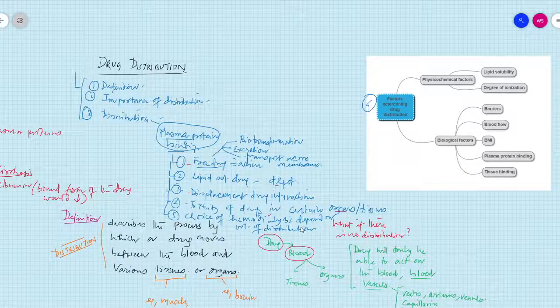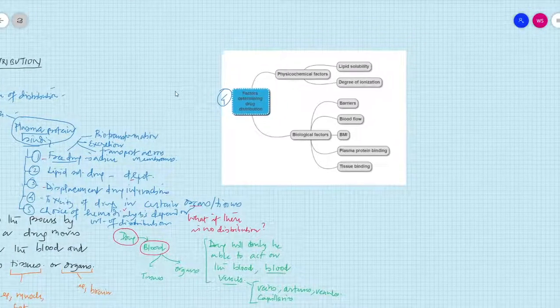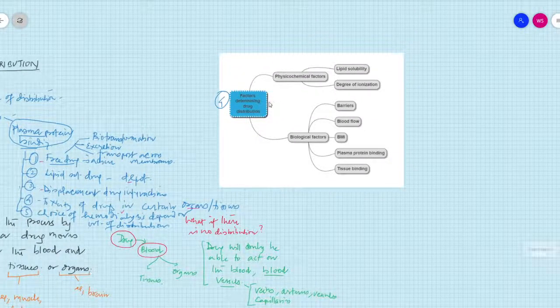And then we talked about the factors determining drug distribution. We said that there are two types of factors. We classified them as physicochemical factors and biological factors, and the most important of the physicochemical factors are lipid solubility and degree of ionization.